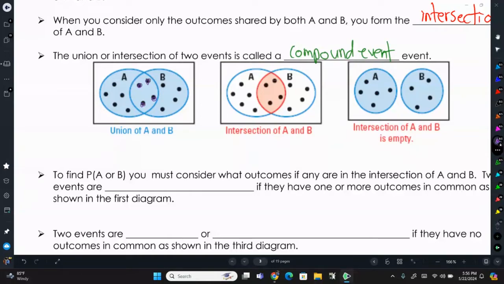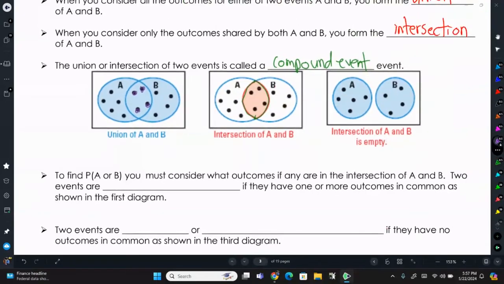They're shared. And the intersection is just that area that belongs to both circles. Now, if the intersection is empty and there are no shared items, then it's like what we were talking about yesterday, pulling an ace or a face card. There is no overlap, so there's no intersection. It's empty.